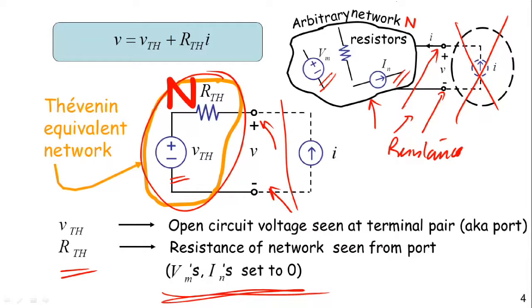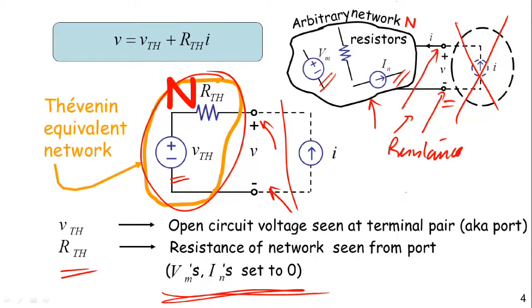Again, as a quick summary, given any network N, in this case a network with independent voltage and current sources, I can find the Thevenin equivalent, which comprises a Thevenin voltage VTH and a resistance RTH, as follows. I open circuit the connection. In other words, I don't connect anything to the terminal pair, but I'm measuring the voltage V. I measure the open circuit voltage there, and that is my VTH.